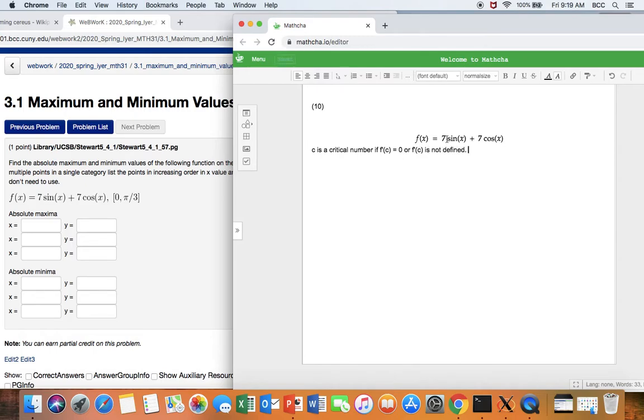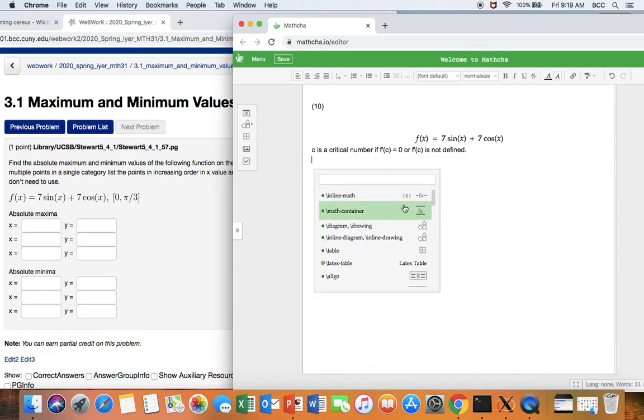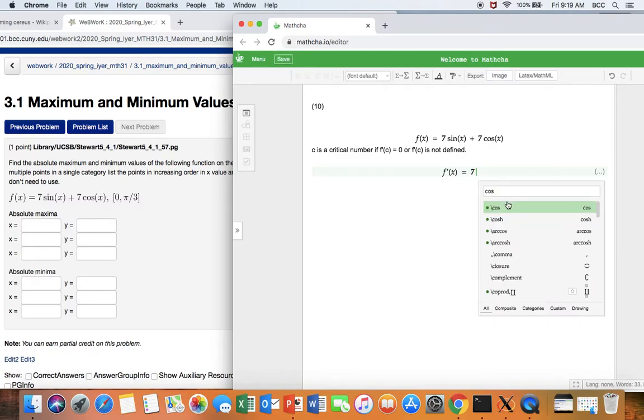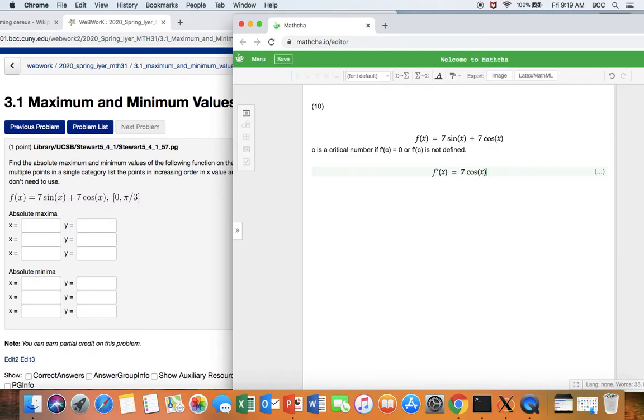Now, fortunately we have a trigonometric function, 7 sine x plus 7 cosine x, and these give you good derivatives. What do I mean by good derivatives? They will be well defined everywhere. f prime x equals, what is the derivative of 7 sine x? It is 7 cosine x.